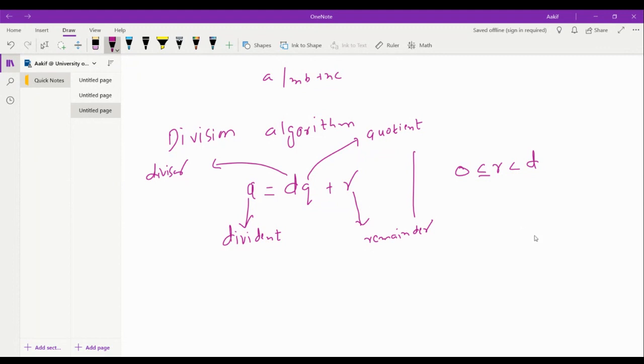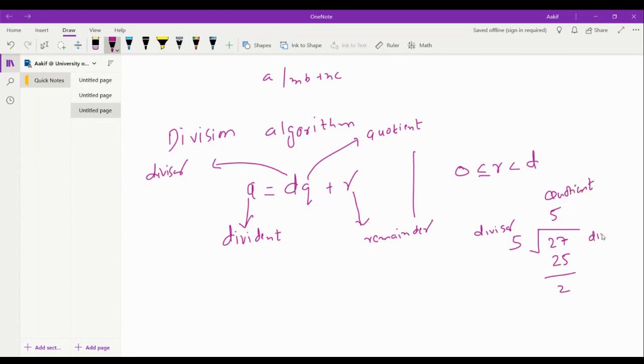You might be already aware of this because if we take a particular example, like let's divide 27 by 5. So this will be 5 times 5, and this will give us 25, and we'll have 2 here. So this is called as the divisor, this part. This is the quotient.